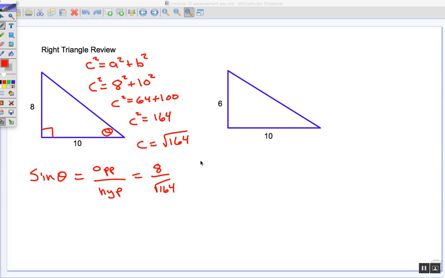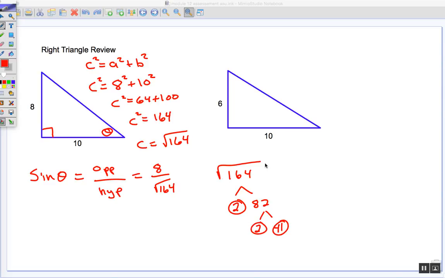And we should really break that down if possible. So the square root of 164, if we break that into primes, we're going to simplify this radical. So we have 2 times 82, and 82 is 2 times 41, and these are both primes.